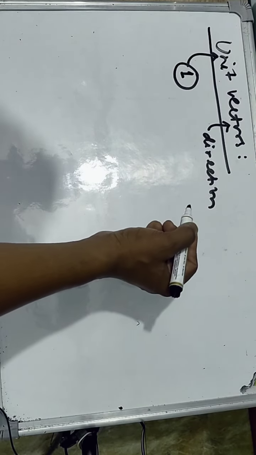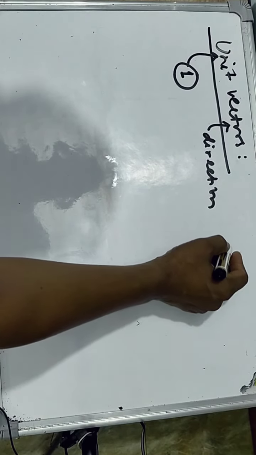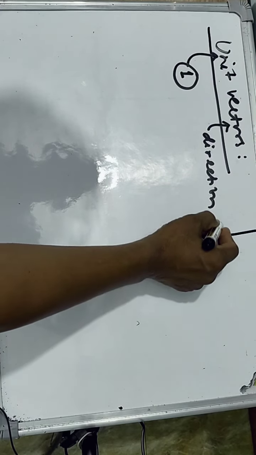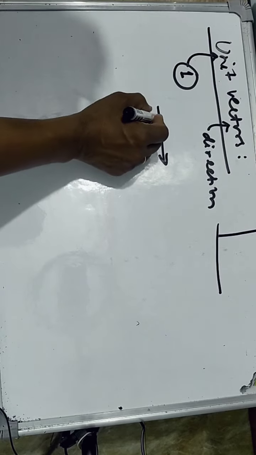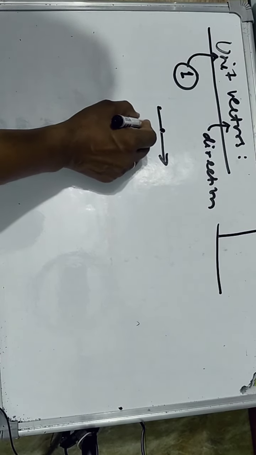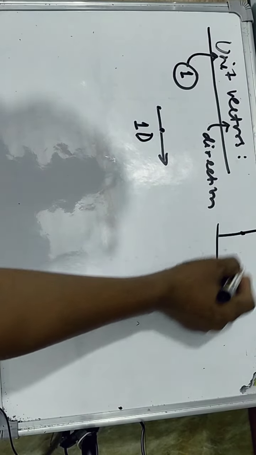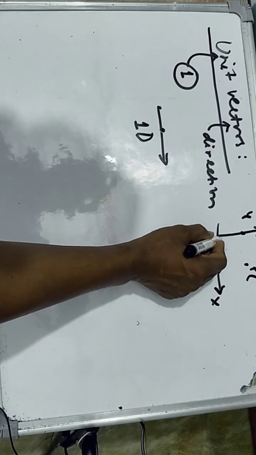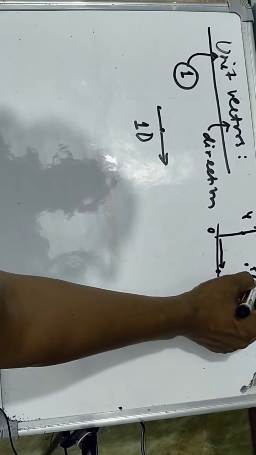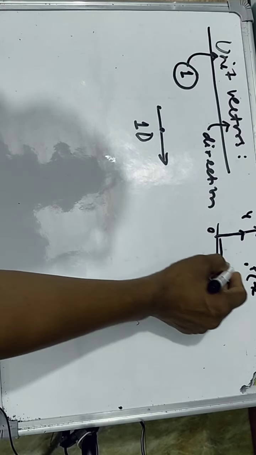Now, to represent any location or point, we use some coordinate. If only one coordinate is used, it is one dimensional. If two coordinates are used, let x and y, position of P will have how much it has crossed from origin, let x, and again from origin how much it has gone in y direction.